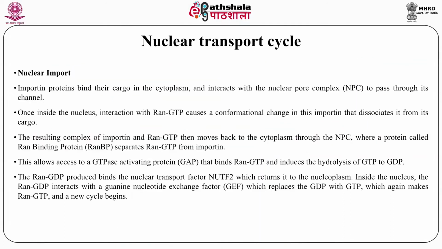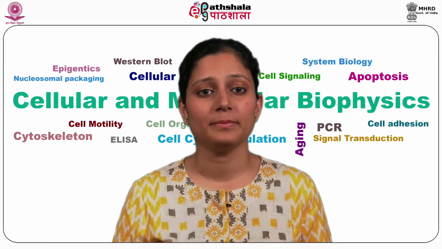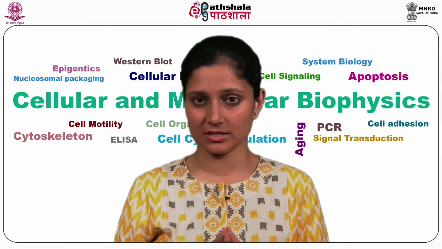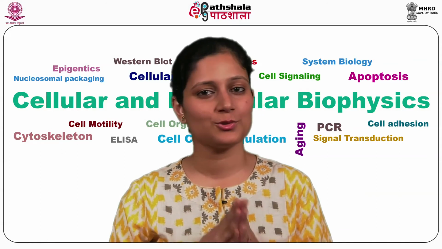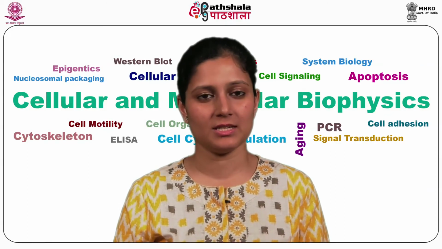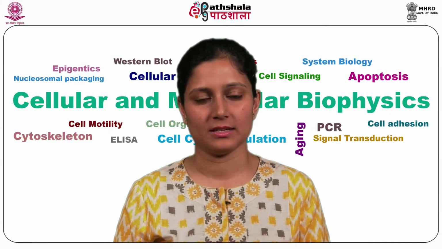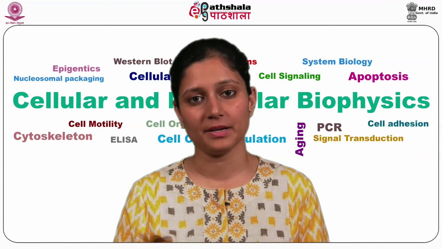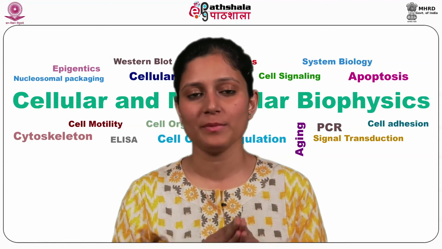Once inside the nucleus, interaction with RAN GTP causes a conformational change in this importin that dissociates it from its cargo. The resulting complex of importin and RAN GTP then moves back to the cytoplasm through the nucleopore complex, where a protein called RAN binding protein, RAN BP, separates RAN GTP from importin.